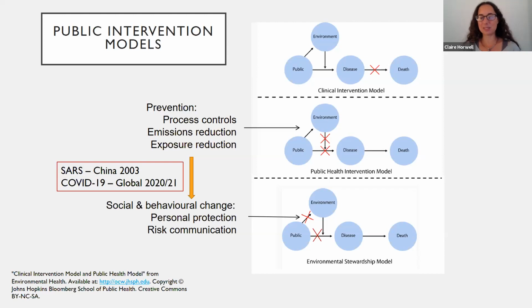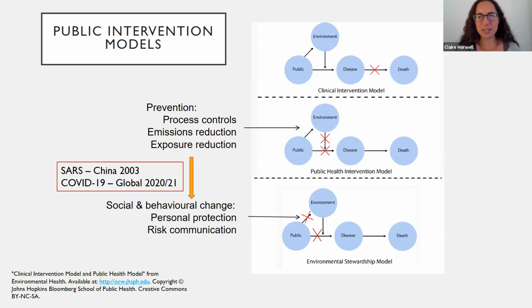People want to take matters into their own hands and protect themselves. And this is called the environmental stewardship model, where basically you stop the public from actually being exposed to the environment in the first place. And if you can do that, then you stop the disease from forming and therefore the deaths. This requires social and behavioral change.